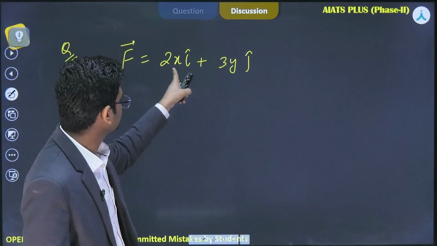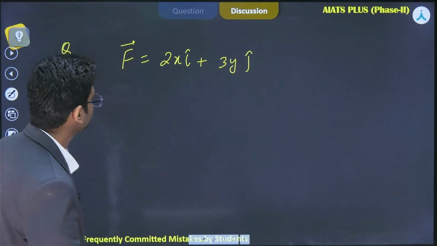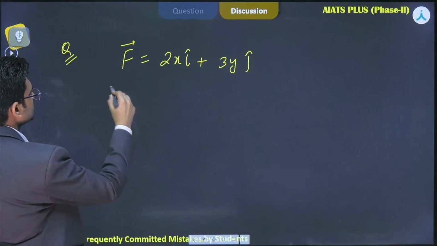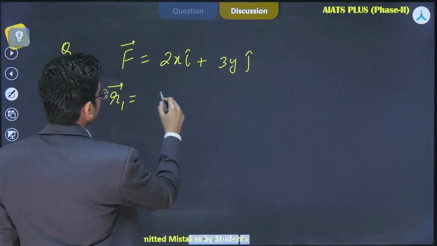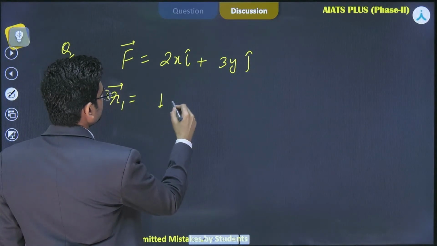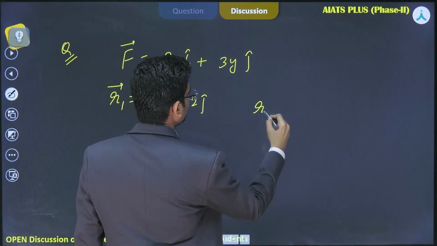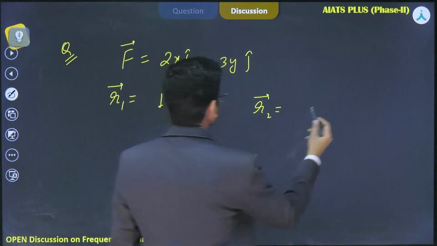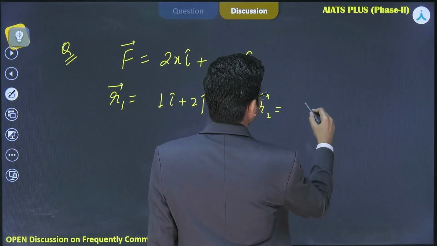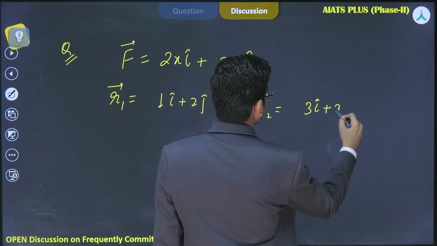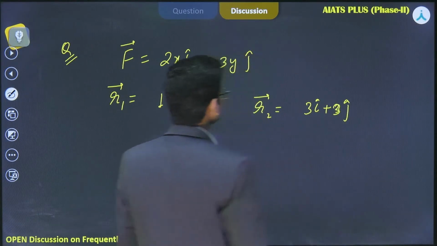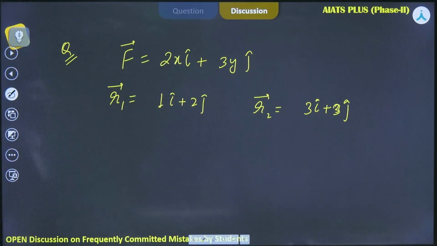It is variable in x direction as well as in y direction. Now let's say I am displacing this particle from R1, that is i cap plus 2 j cap, to R2, that is equal to 3 i cap plus 3 j cap. Now can you tell me the answer?